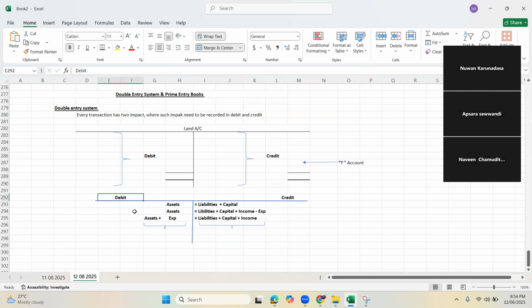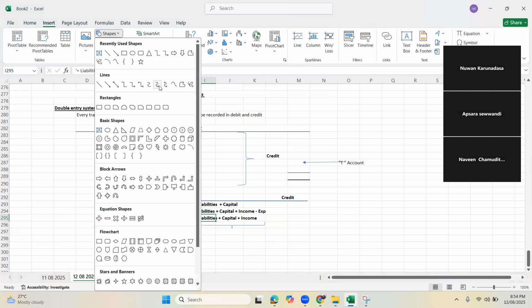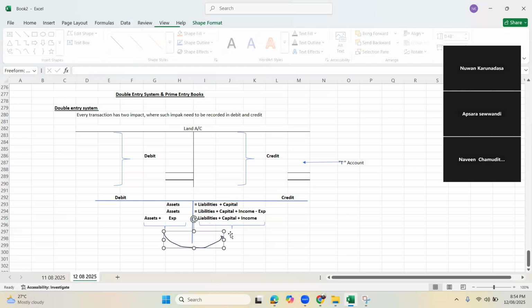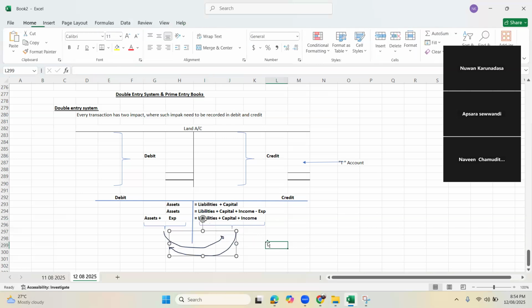Liability, capital and income accounts have credit balances and an increase will be credited. Credit means you record on the credit side. If you need to minus it, you take it to the other side. So here you take the minus figure, there you take the other minus figure. So easy.